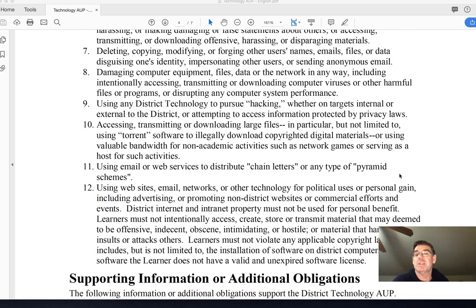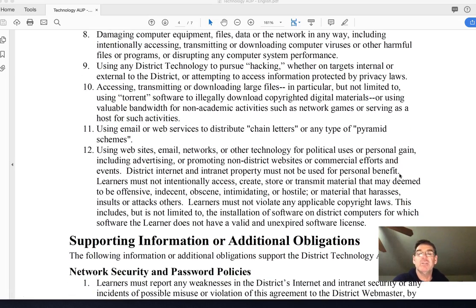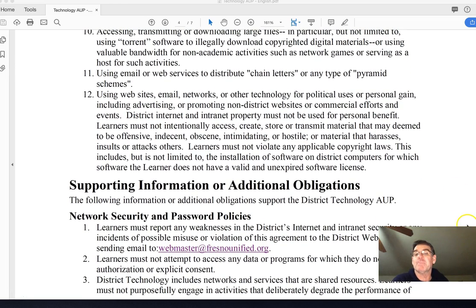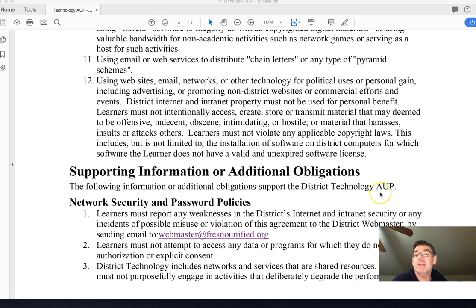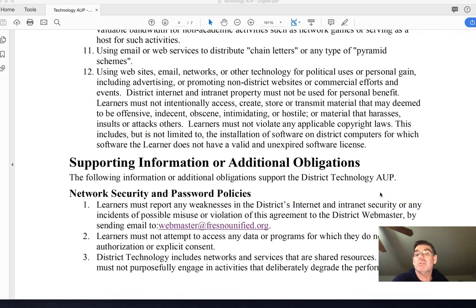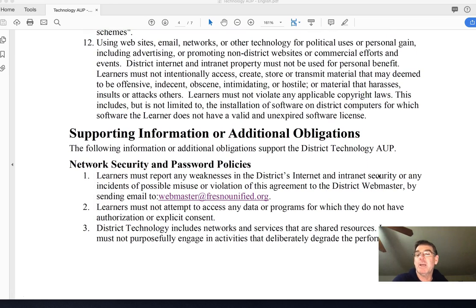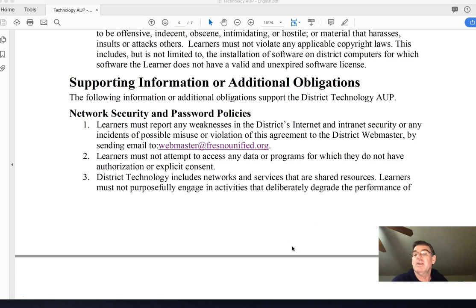It certainly happens, and it is not something that's acceptable, and it's something that you need to agree to prevent and take care of the property. Using websites, emails, networks, or other technology for political purposes or personal gain is not acceptable. Fresno Unified wants you to conduct yourselves in an academic manner. Those private concerns are for you to do on your own at home or at non-school, non-district function times.